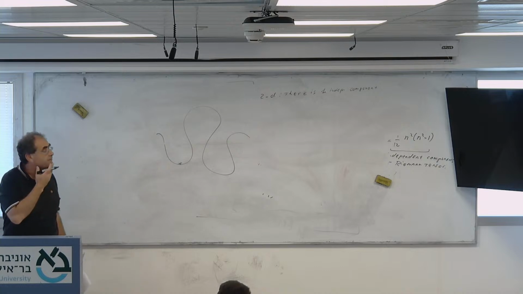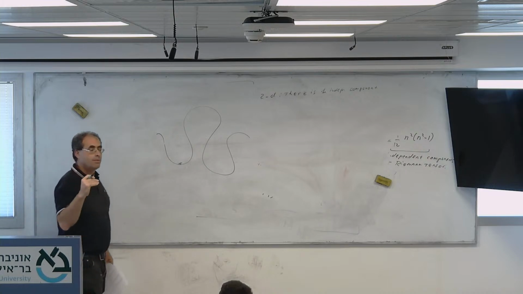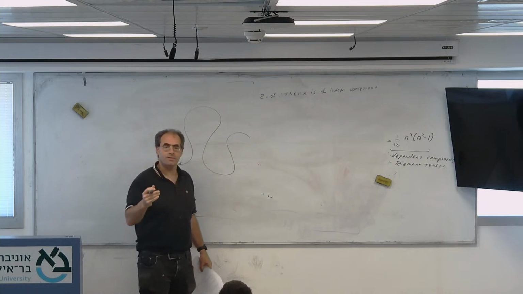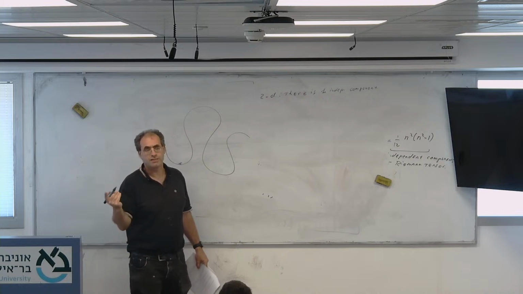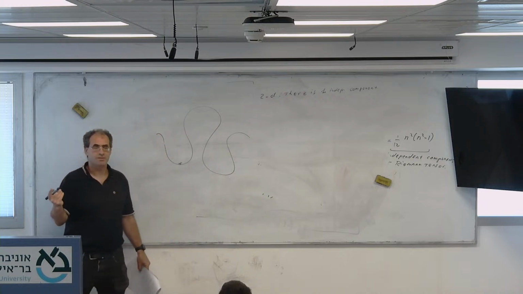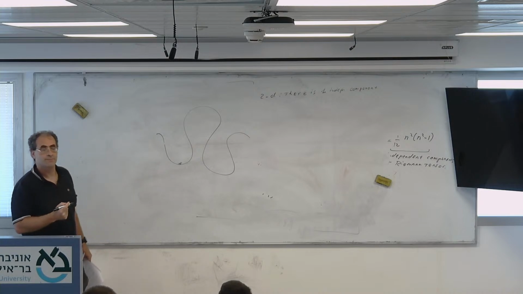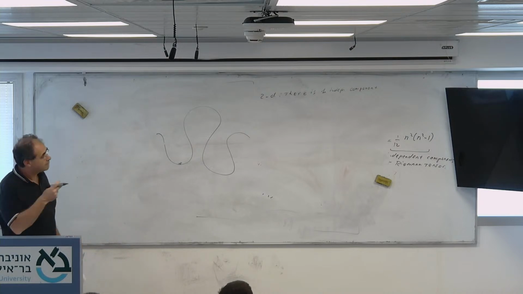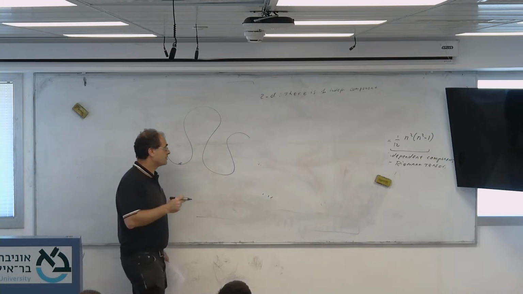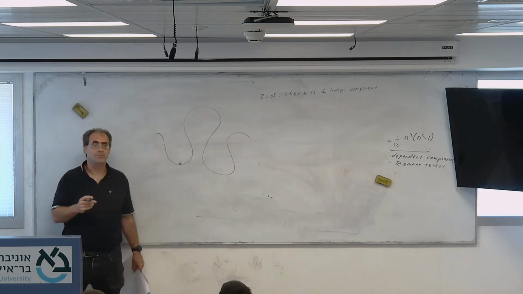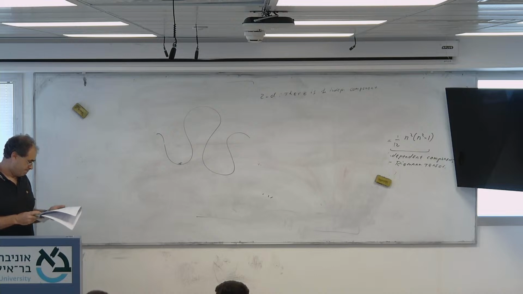Which means that everything we need to know, all the information about the curvature of a 2-dimensional space, is given by one parameter, which will be the Ricci scalar. By the way, 3 dimensions, how many? 6. It's getting more and more complicated when you go to higher and higher dimensions.